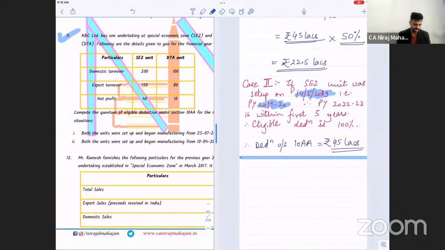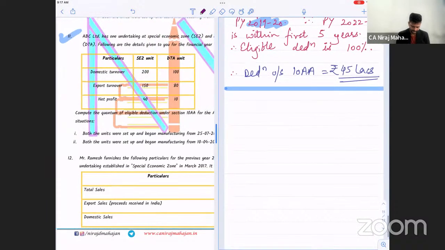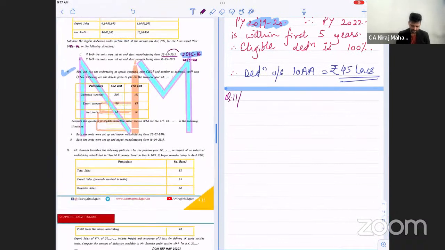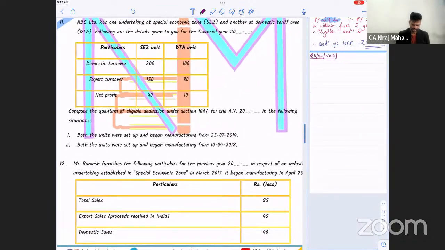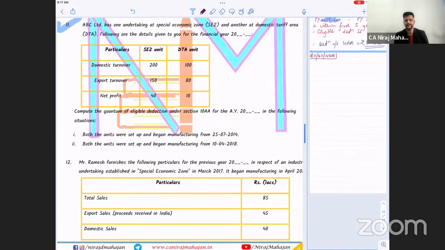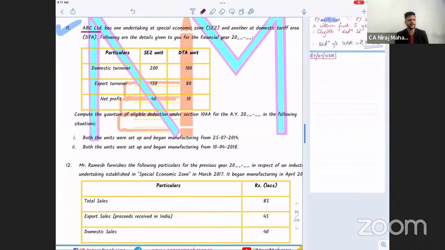Quickly solve question number 11. Ready? ABC Limited has one undertaking at SEZ and another at DTA.